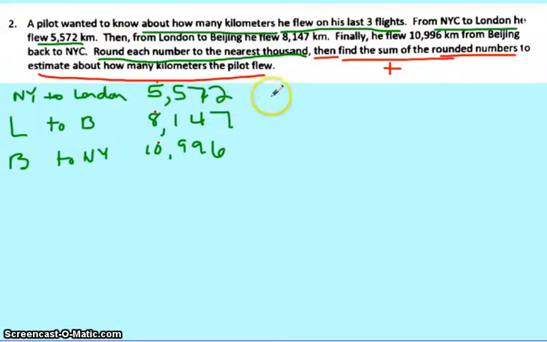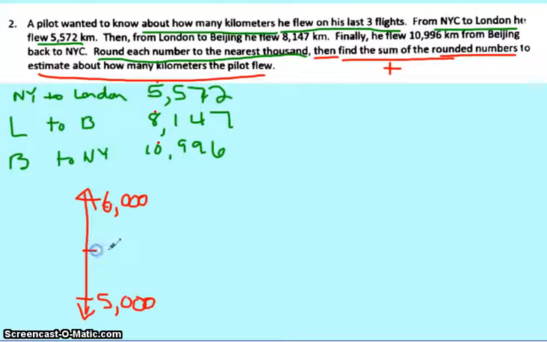Alright, so the first thing we have to do is round each of these numbers. So let's take the first one here, and if we use our vertical number line to help us, we're at 5,000, and the next 1,000 up would be 6,000. The halfway point between these two would be 5,500.